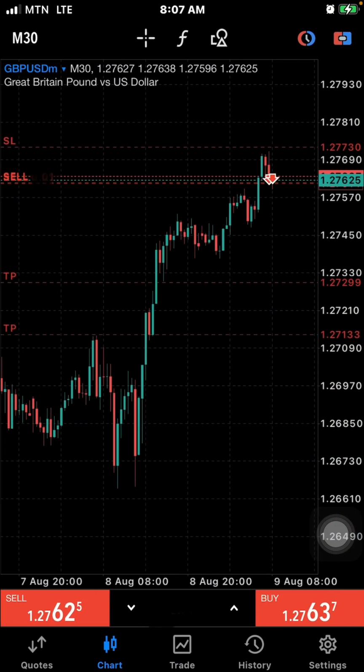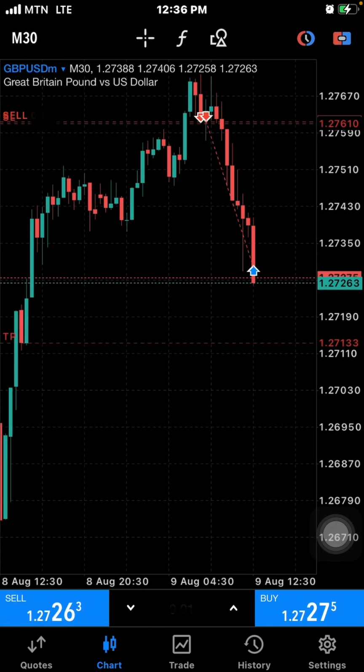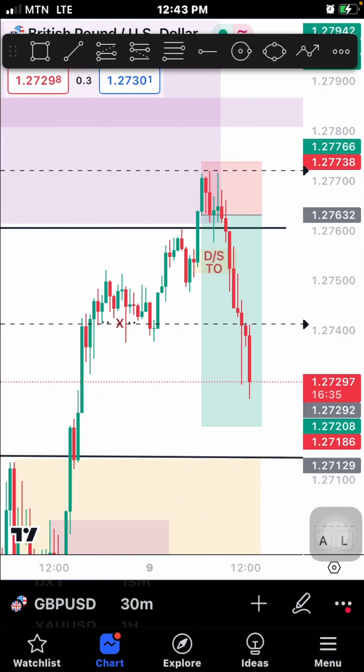So that's the same trade, and this is when I was exiting the market. As you can see, I exited one position right here, waited a little to see if we could move further, but I ended up closing all the positions right there. So that's the trade, and this is that representation on TradingView.